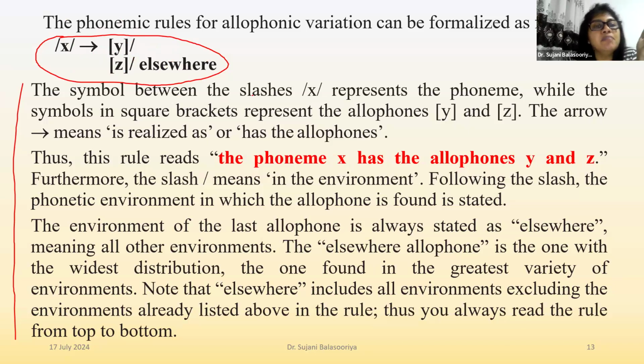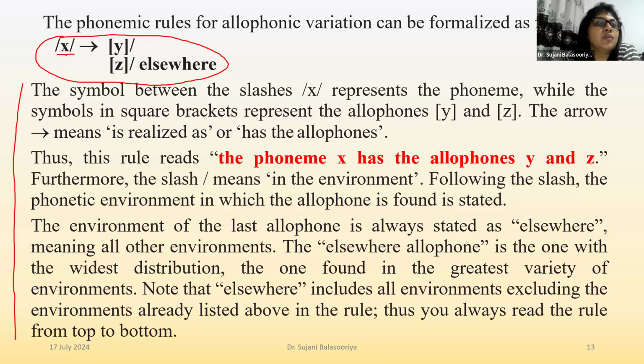The symbol between the slashes, that means X, represents the phoneme. This is the phoneme, while the symbols in square brackets represent the allophones. So X is the phoneme and Y and Z both are allophones. The arrow means is realized as, or has the allophones.